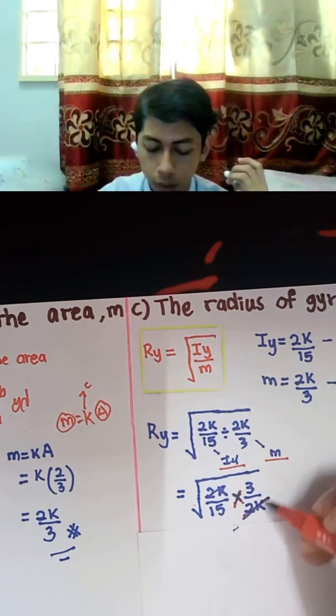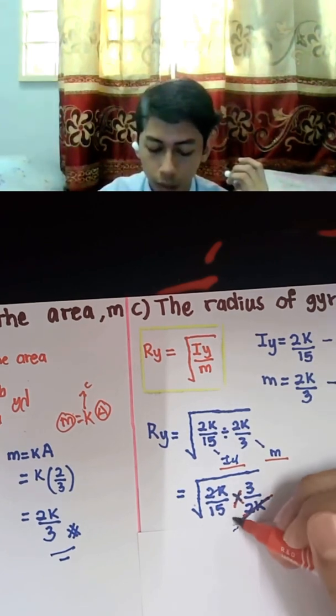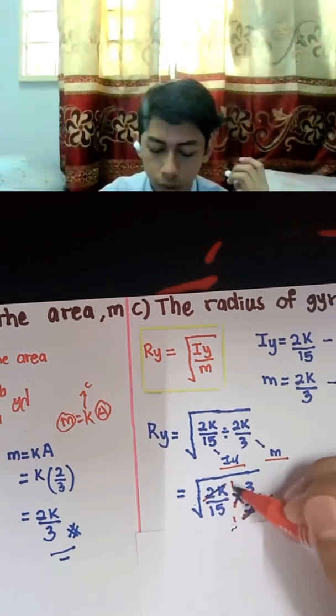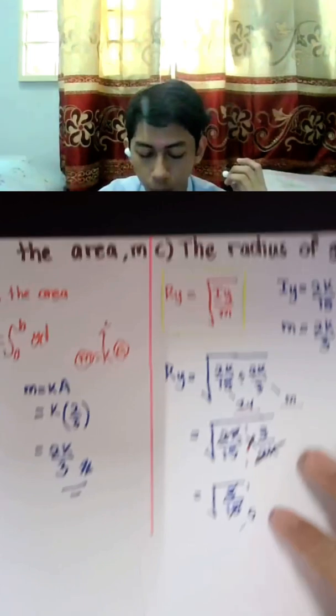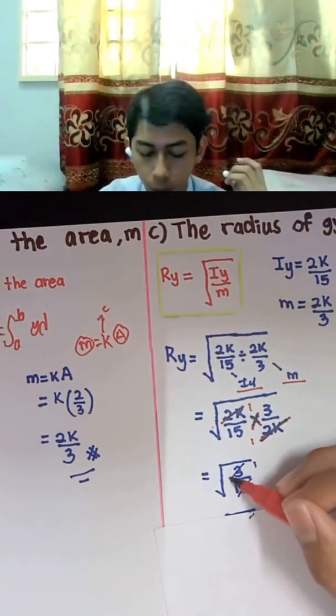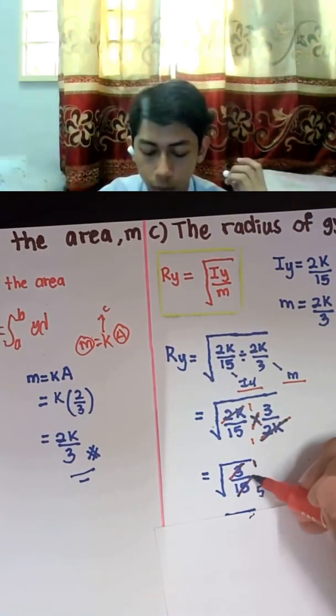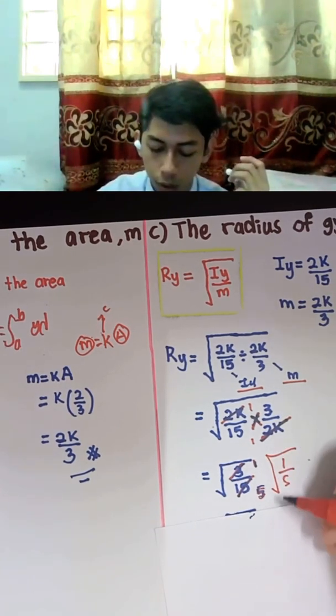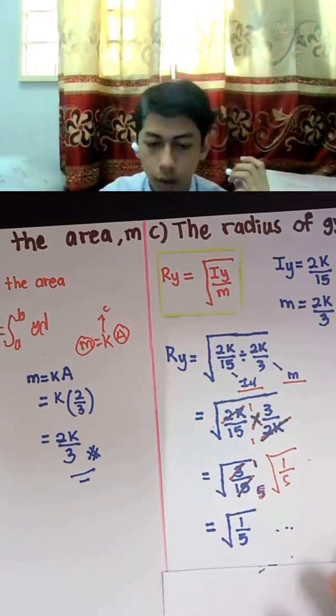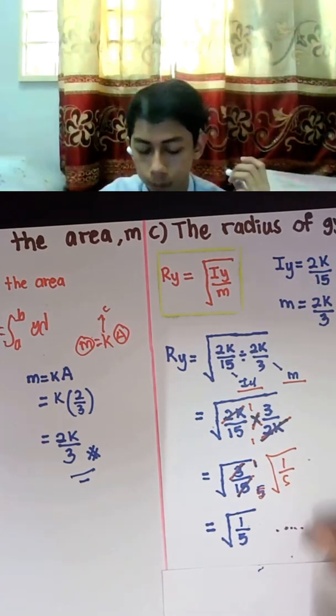We can cancel it and it becomes 3 over 50. We can make the fraction smaller, becoming 1 over 5, square root of 1 over 5. Then we calculate in the calculator, and we get around 0.447.